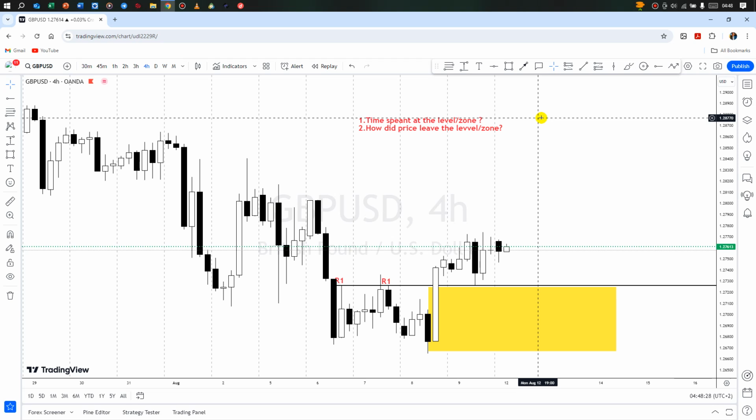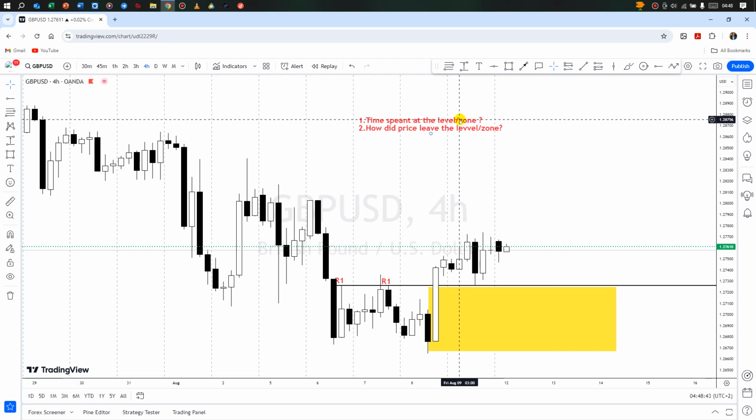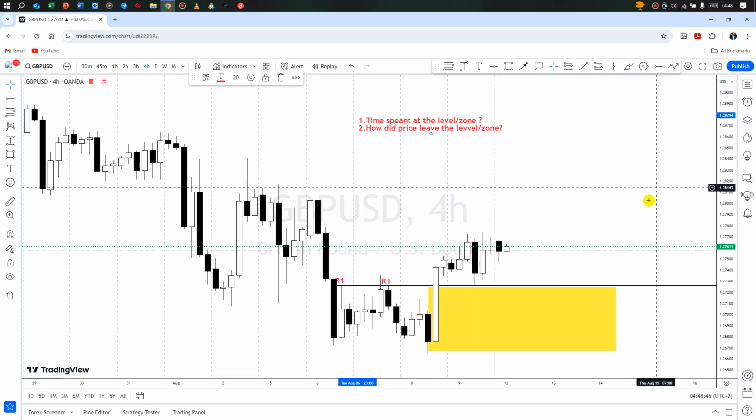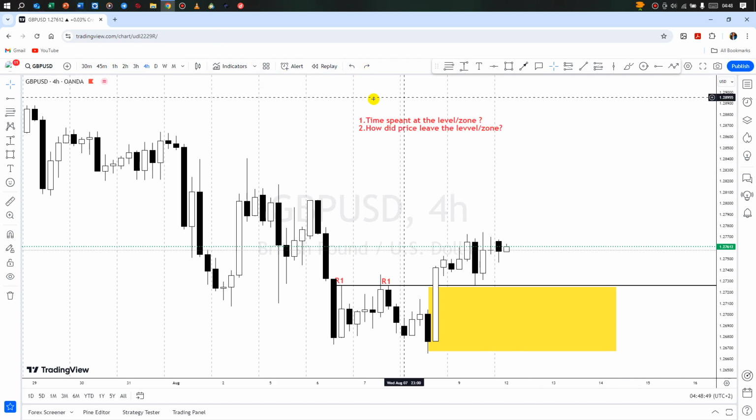Sorry for the disturbance. So in this case, we'll also apply the very same rules here, which are time spent at the level, and also how price left the level, or the departure, right?